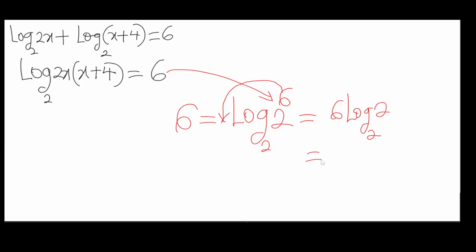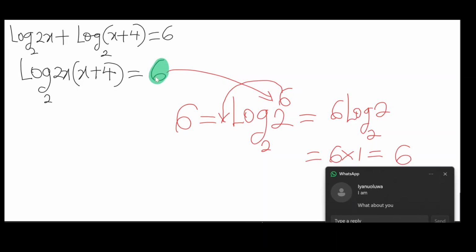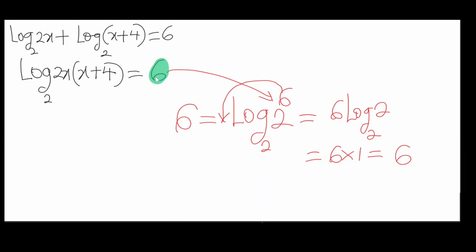So it's going to be 6 multiplied by 1, which is still 6. So instead of writing 6 as I have here, I convert it to this particular logarithm, that is log of 2 to the power of 6, with base 2. And that's what I'm going to be doing now. Let's quickly get that done while I clean this.